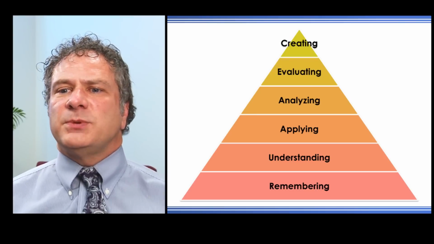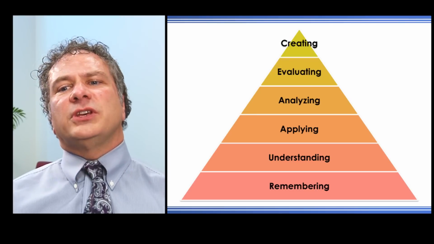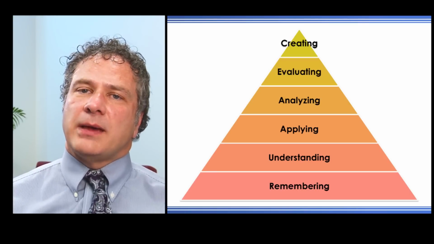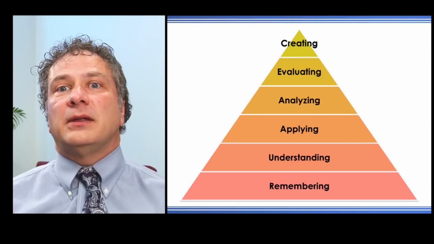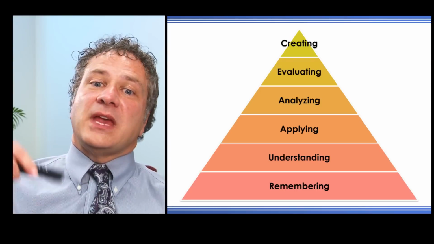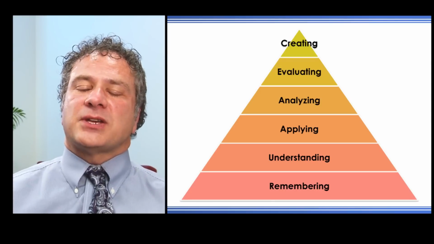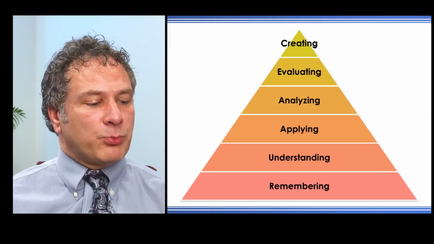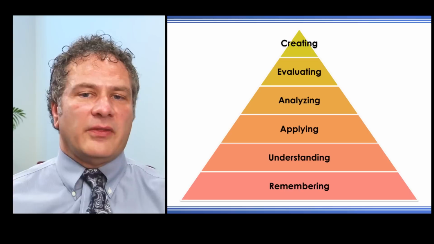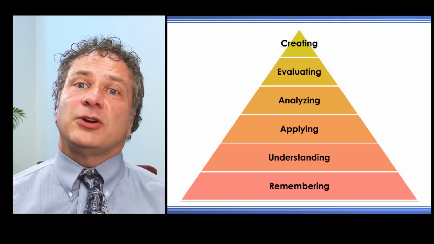Speech pathologists, I think, are really good at asking WH questions, but sometimes we don't move on past WH questions. The higher levels of Bloom's taxonomy here that you see represent the higher levels of comprehension that I hope you'll consider using for kids. So don't get stuck at the WH level.